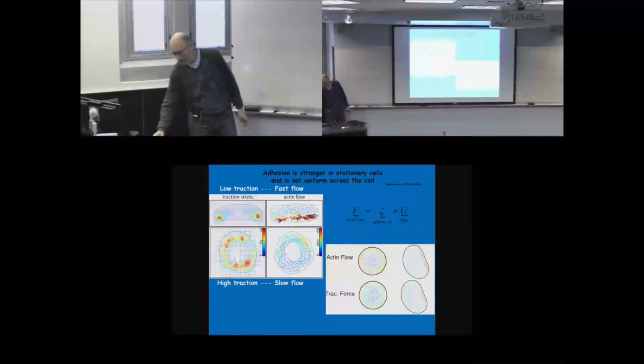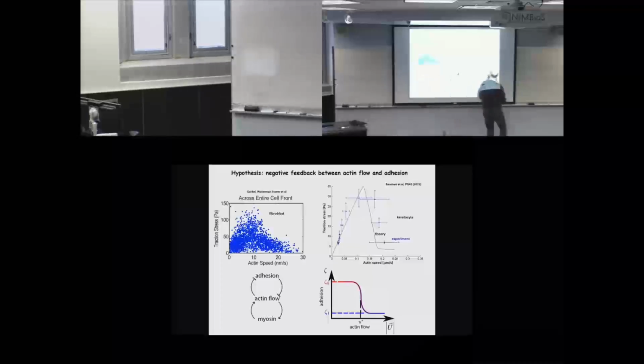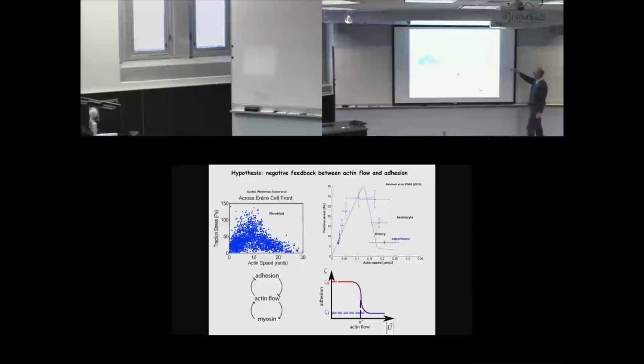Okay. And so when we plotted the traction force as a function of the speed of actin flow, constant adhesion would be just a straight line. But in fact, there's this biphasic dependence of the force on the flow. So the force is growing linearly with the flow as it should first, but at high flow it just collapses.